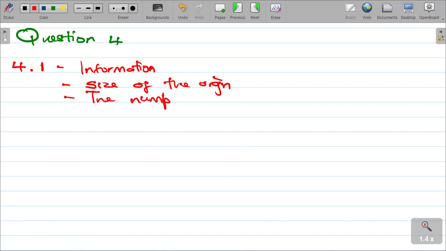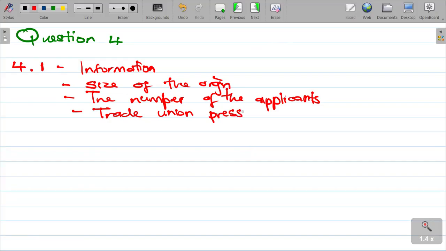Four, trade union pressure. And lastly, the capabilities of people who are involved in the selection. Are they capable of selection?